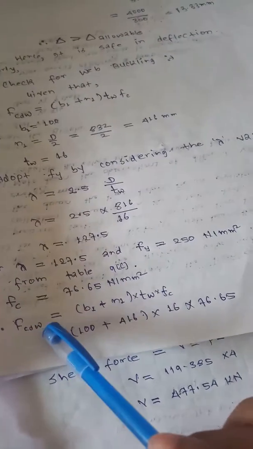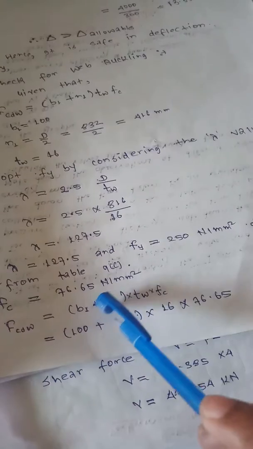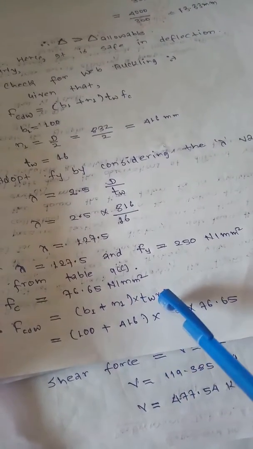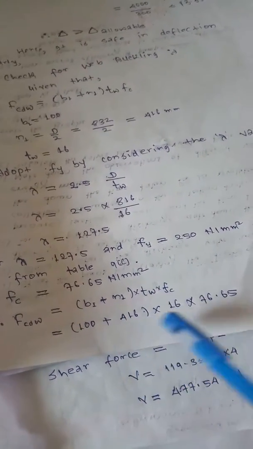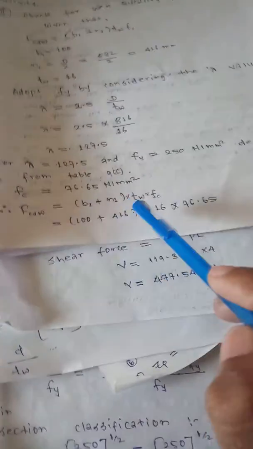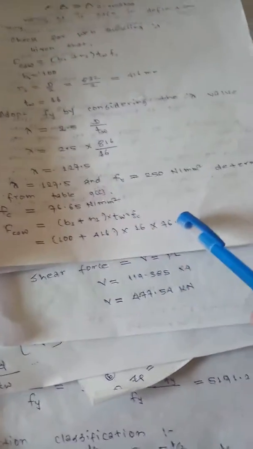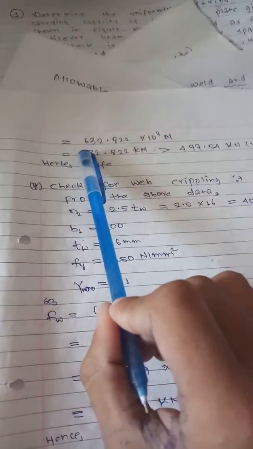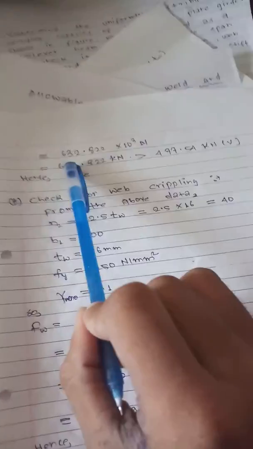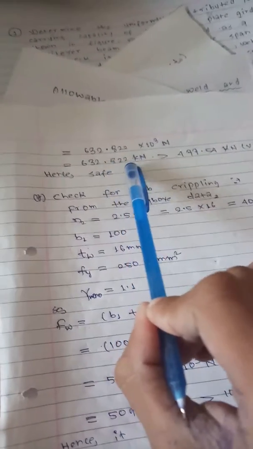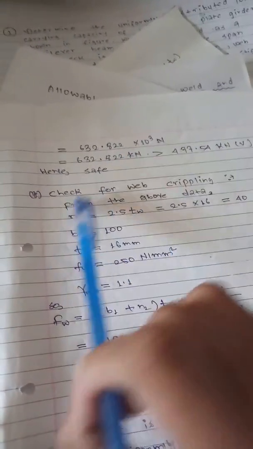F suffix cdw is equal to (b1 plus n1) into t suffix w into fc. Substituting the values, 100 plus 416 into 16 into 76.65, we can get the value equal to 632.822 into 10 power 3 Newton.